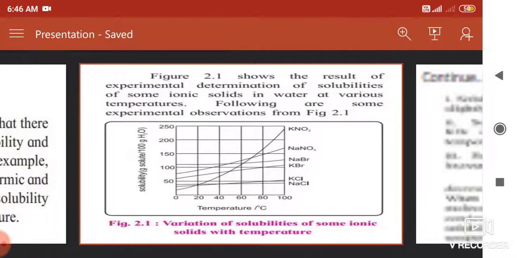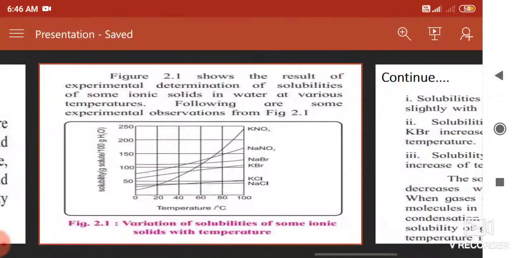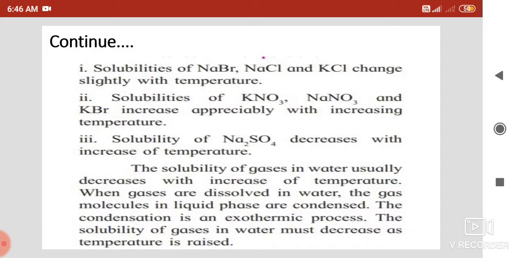There is figure 2.1 shown in the textbook, which shows the results of experimental determination of solubilities of some ionic solids in water at various temperatures. In that graph you can see different salts dissolved in water.